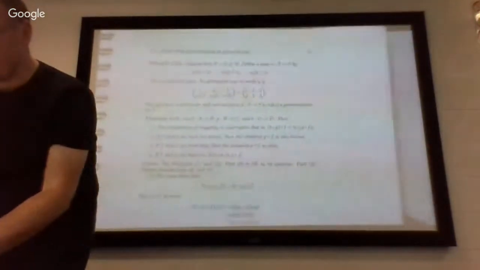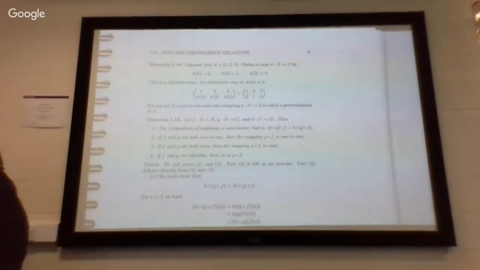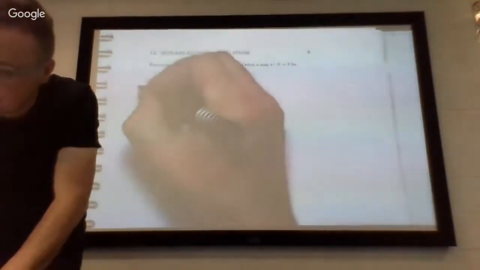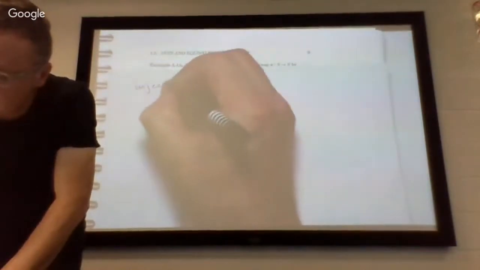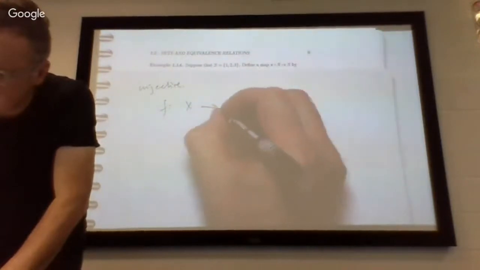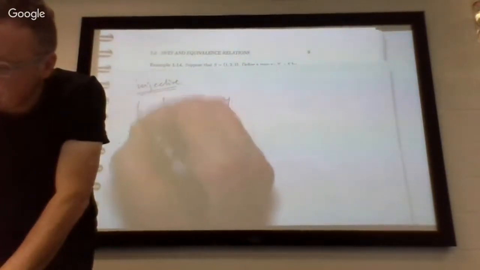Theorem 1.15 brings together some good facts about injective and surjective and so on. So I'll just remind you that if you've got a function f from set X to set Y, f is injective.